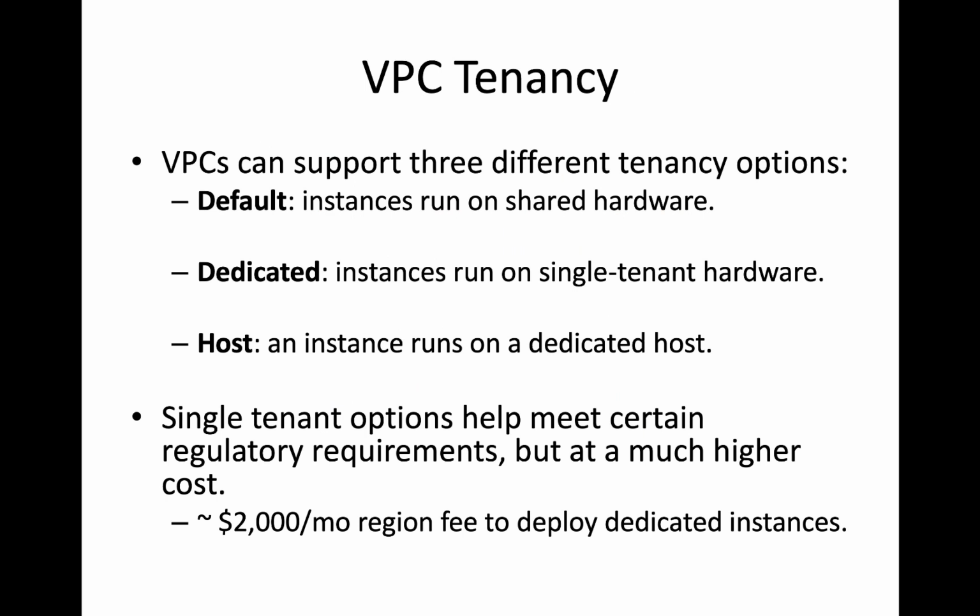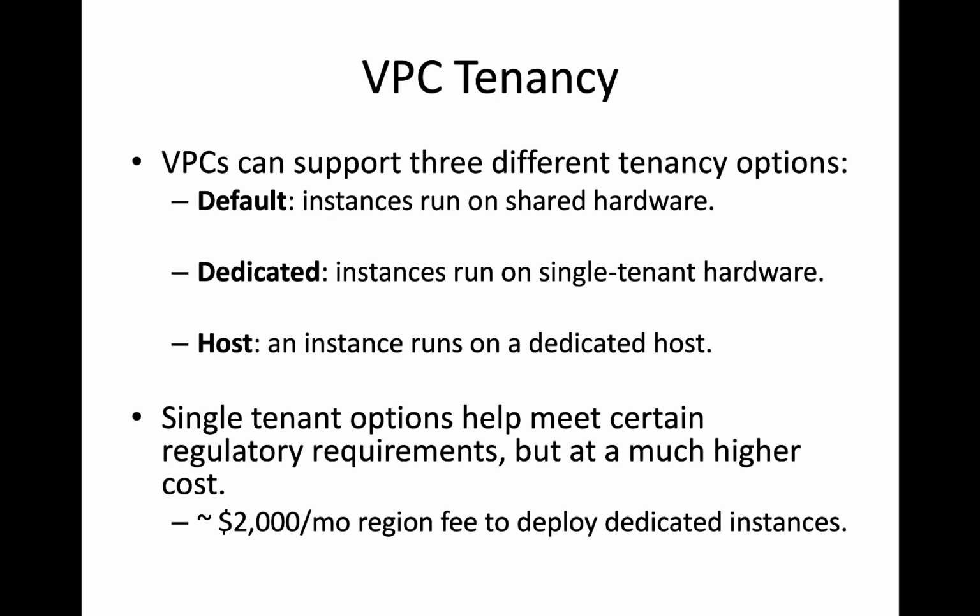When we've been creating EC2 instances within our VPC so far, those EC2 instances have been using what we call the default tenancy option. And there are multiple tenancy options which are available to us. The default tenancy option says that our EC2 instances will run on shared hardware. In other words, our EC2 instances will share the same physical hardware hosts as other customers' EC2 instances.